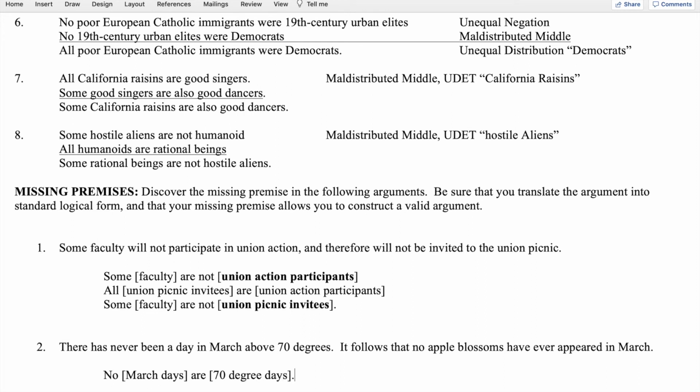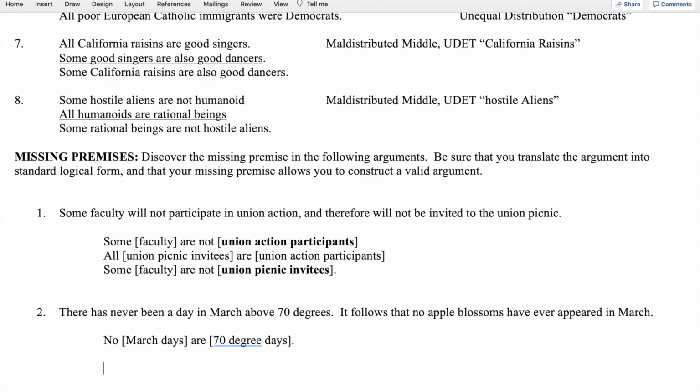And that's probably not true, but in this case we'll say it is for the sake of making the syllogism. No March days are 70-degree days. And then the conclusion is, it follows that no apple blossom days are March days. Okay? And we'll bracket those to make clear what the subject and the predicate term are.